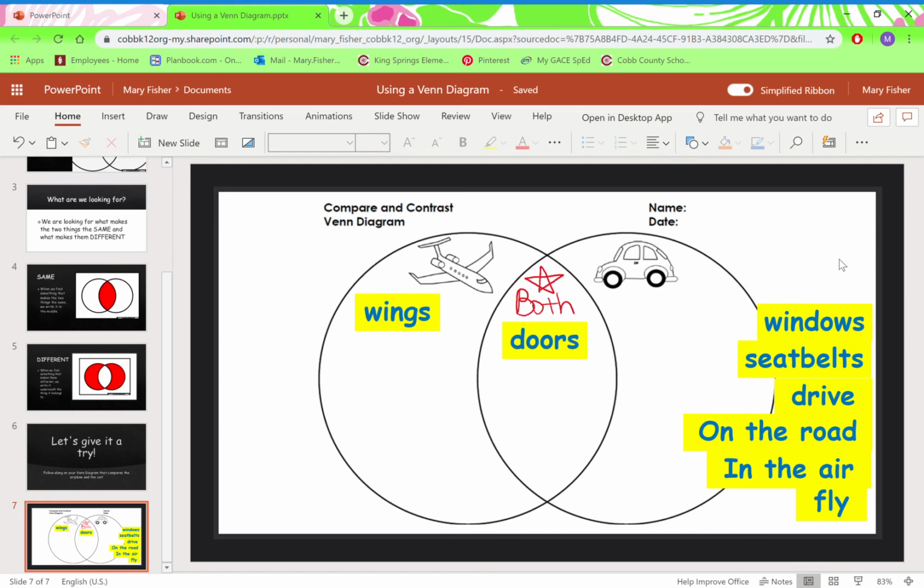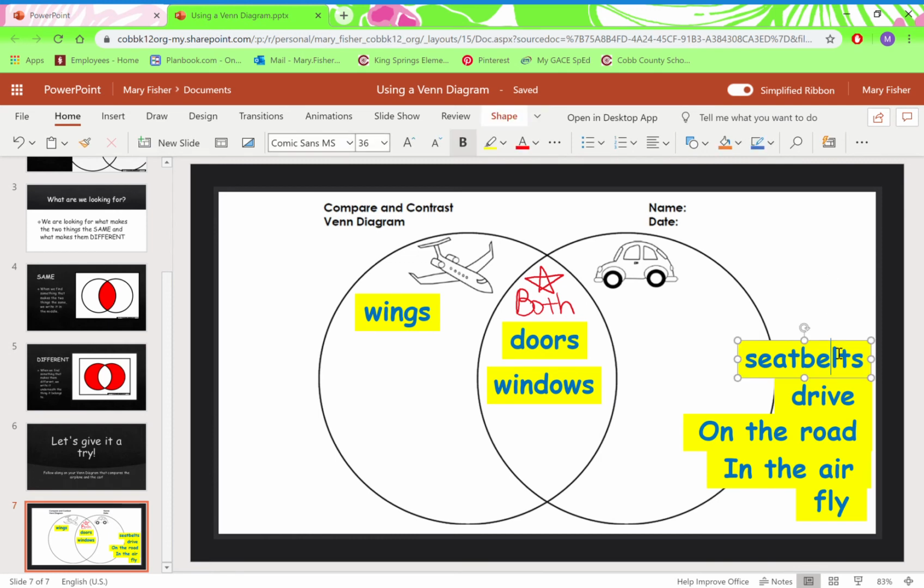Okay, the next one is windows. Well, I can even see just from looking at the pictures here that both a car and an airplane have windows. So I can put the windows word in the both section in the middle. The next one says seat belts.